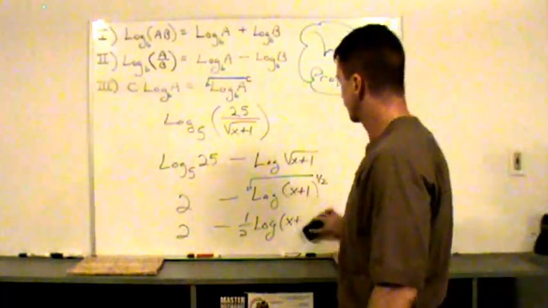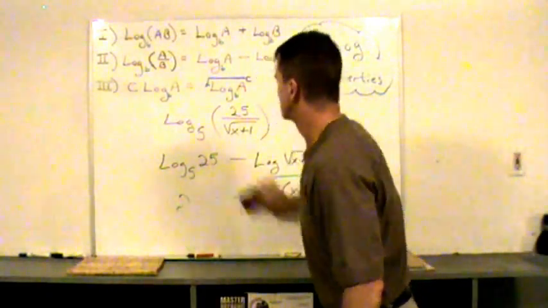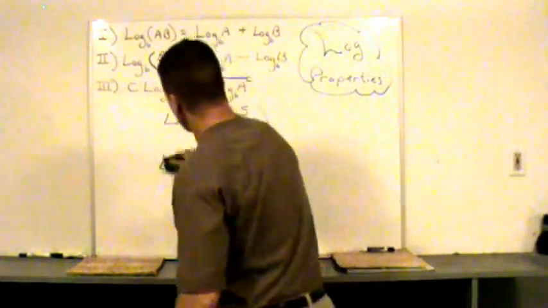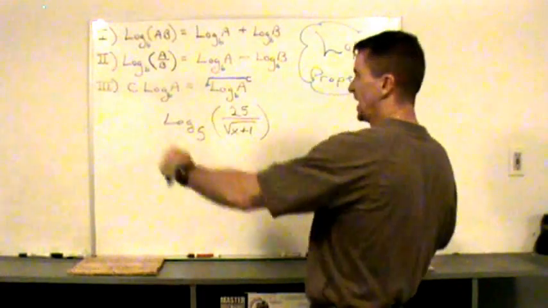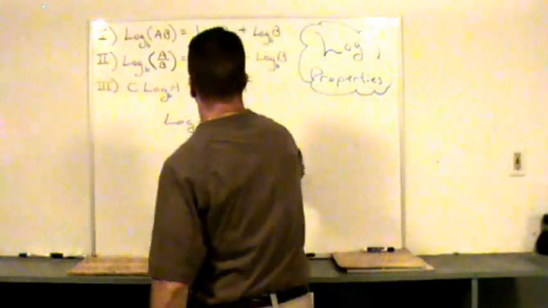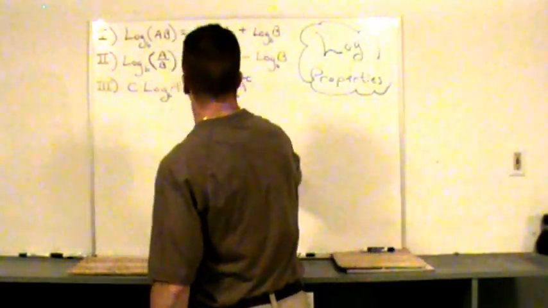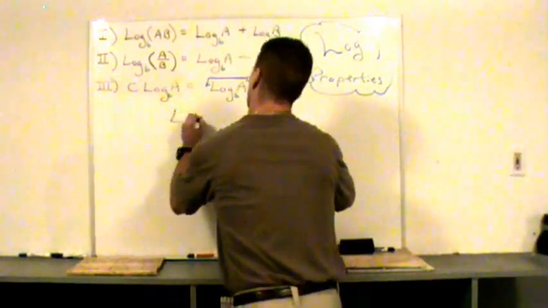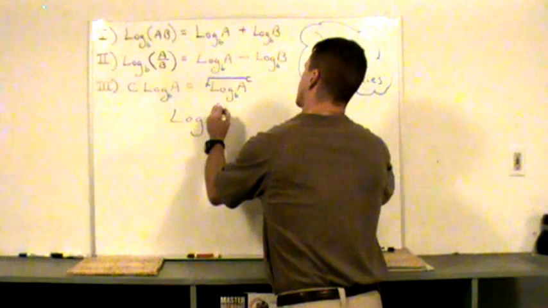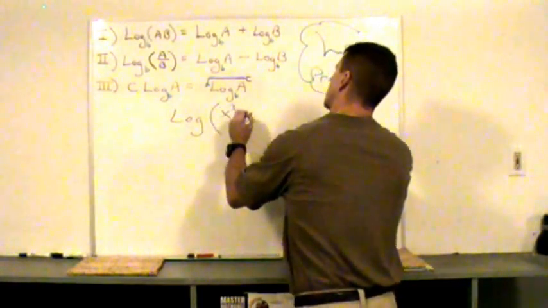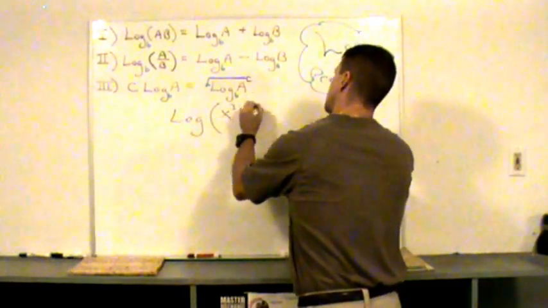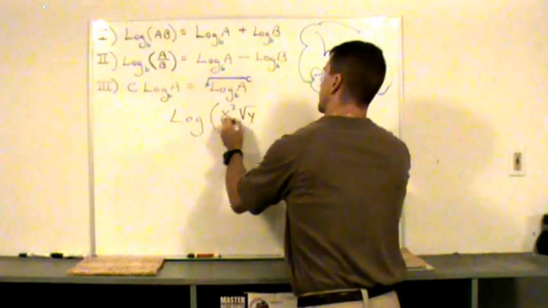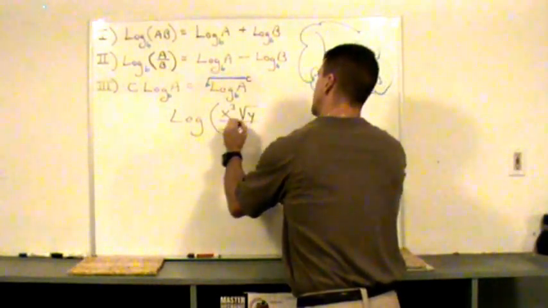So, let's do another example where we have to expand the logarithmic expression. How about log of x to the 3rd power times the square root of y all over z to the 4th power.